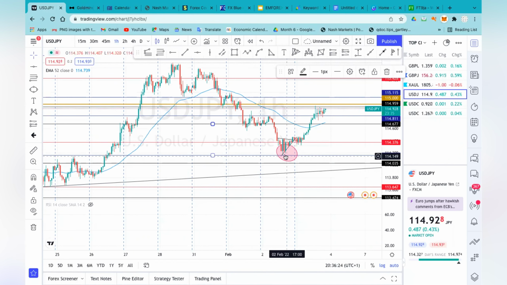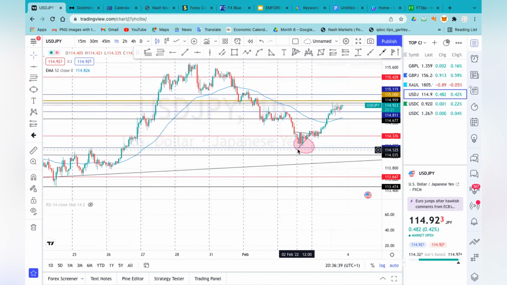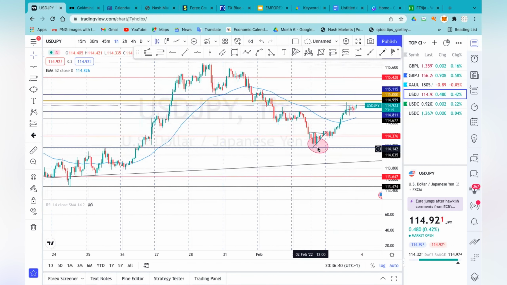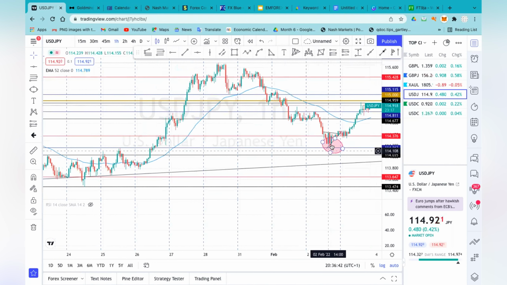There was a support and resistance level at this area that held the market and pushed it up. As you can see, immediately it touched it, the market reacted to this level and went up. So if you were trading support and resistance, this would have been an entry for you.